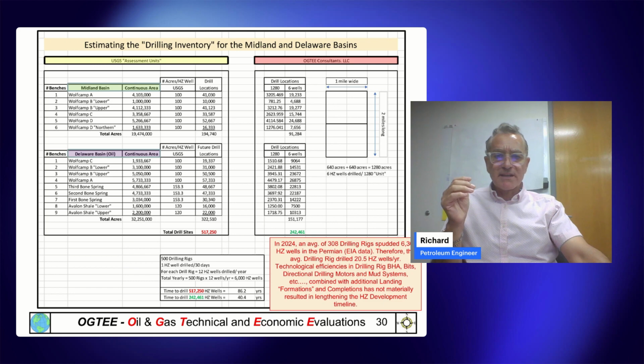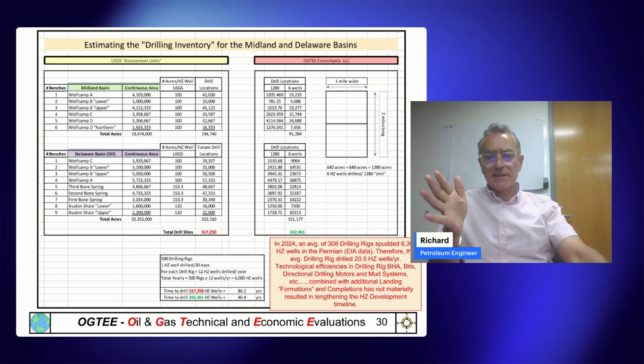When it was first presented and I looked at it at the time, the industry had been pursuing a strategy looking at six horizontal wells from a lateral spacing standpoint.